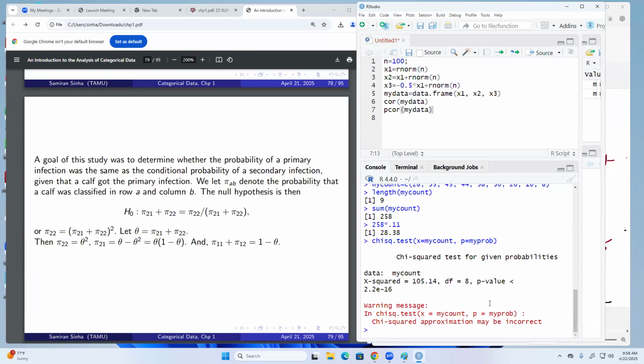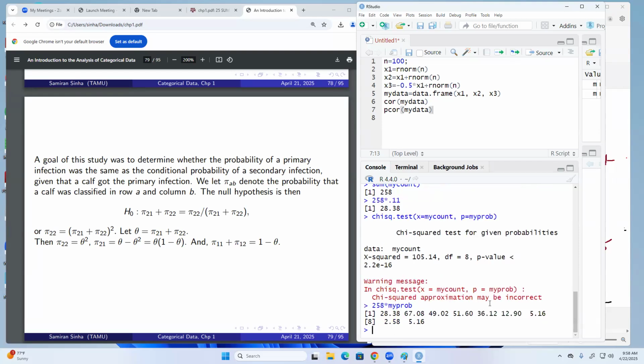To get that, I will multiply n, which is 258, with the probability. And for group number 8, this is very small, 2.58. Therefore, we get the warning message: at least 5 for every cell count.